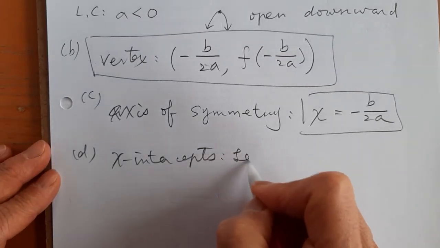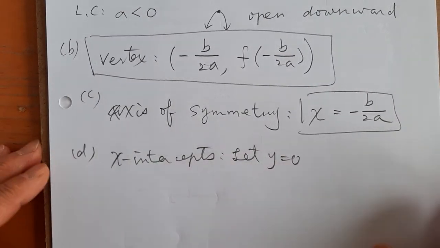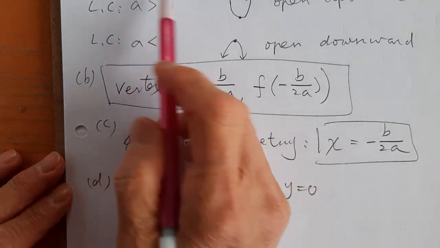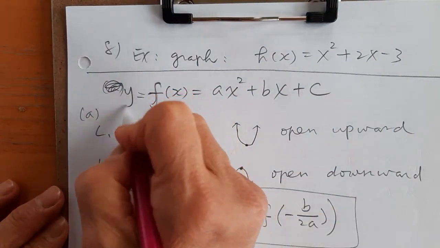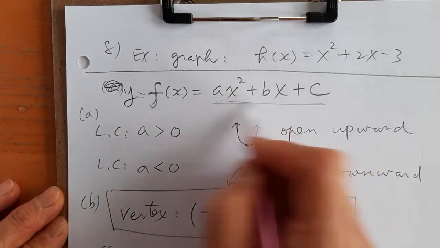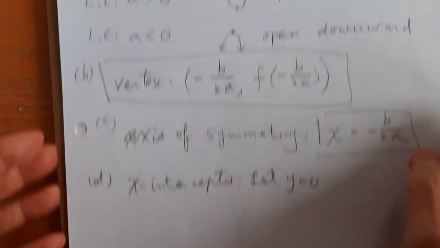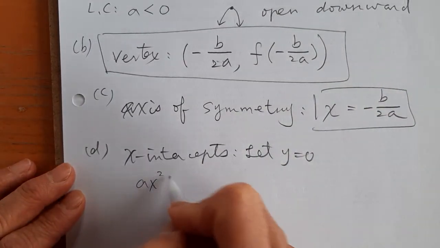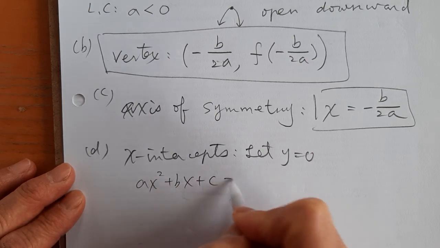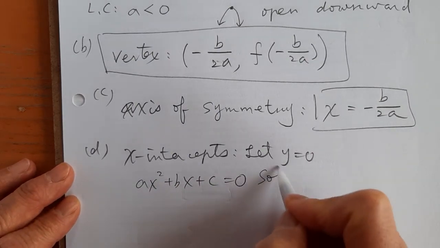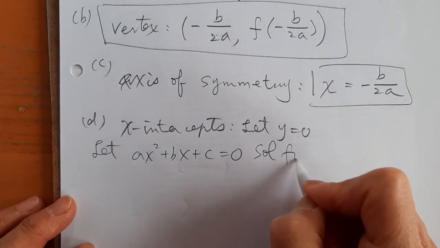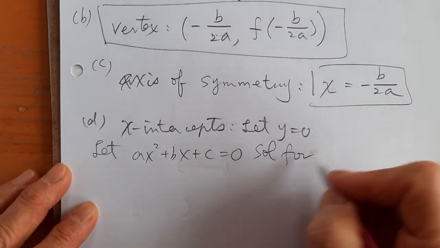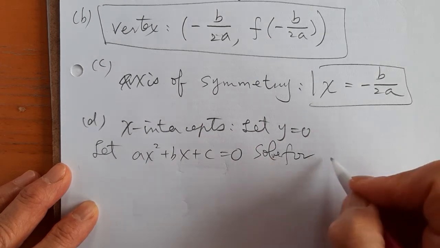D, x-intercept. For the x-intercept, you let the function value y equal 0 and solve for x. This is f of x in general form, this is y. Let y equal 0, so this quadratic function ax squared plus bx plus c equals 0, and then you solve for x.